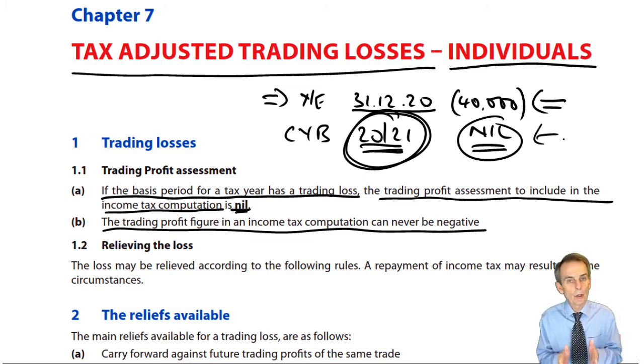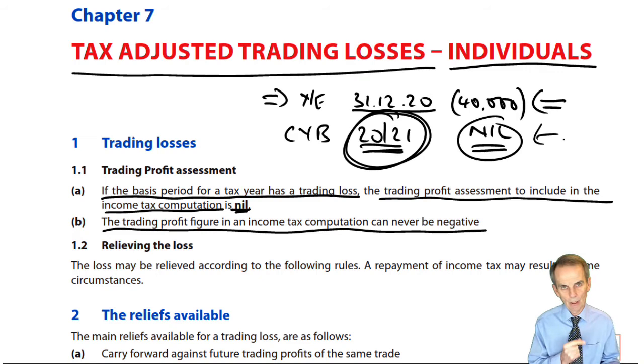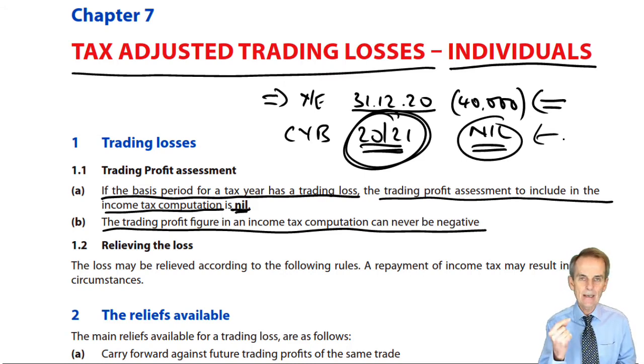So we can use the loss in the current tax year, in the preceding tax year, or in a future tax year. So the only question, therefore, is when we use the losses in those tax years, what do we put the loss against? What figure of income do we put the loss against?